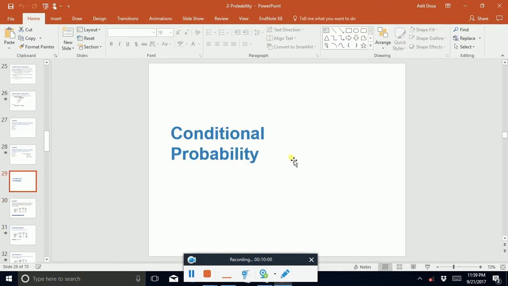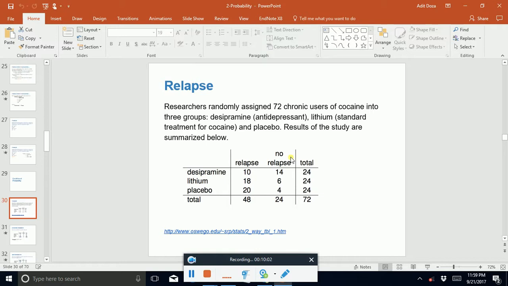Now we will talk about conditional probability. So if you look at this example, researchers are randomly assigning 72 chronic users of cocaine into three groups: desipramine, lithium, and placebo. So the results of the study are summarized below. So relapse is 10 and no relapse is 14, right?